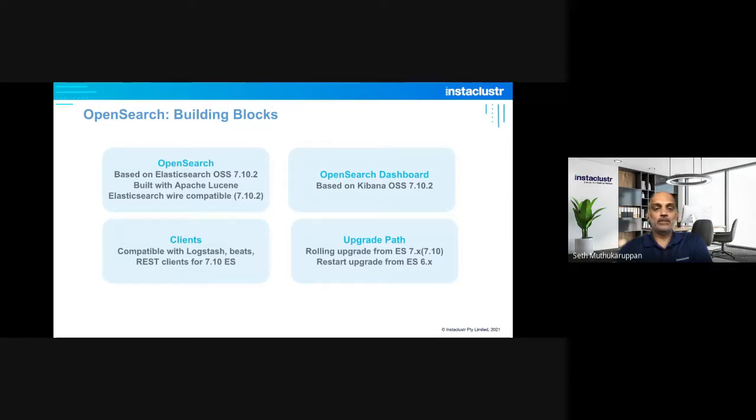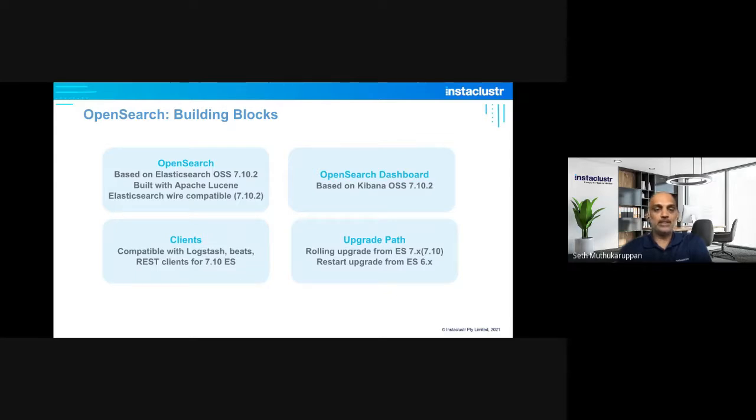And then you have the OpenSearch dashboard, which is the Kibana equivalent, which again is derived based on Kibana OSS 7.10.2. And then you have a list of clients, the language clients such as Python, Java, and you also have tools such as Logstash, Beats, that those that have been developed for 7.10.2 OSS version would continue to work with OpenSearch as well.